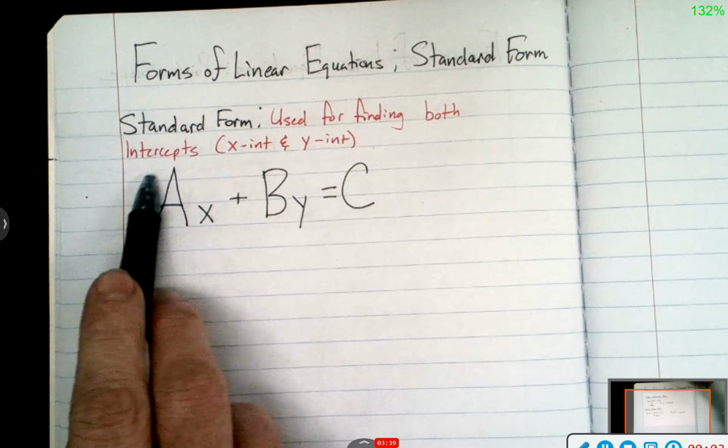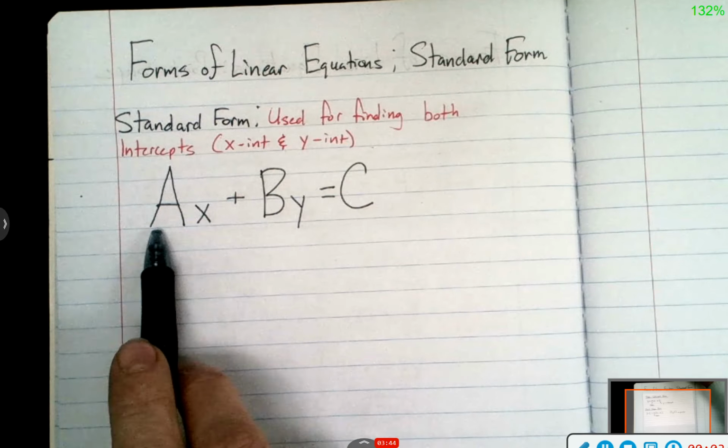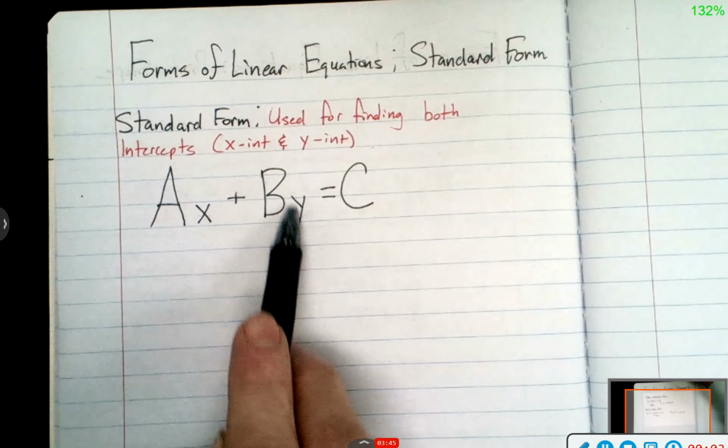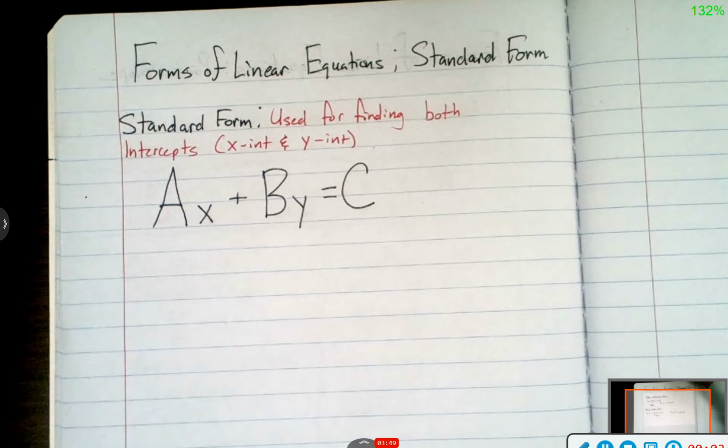It's just this time, instead of x being the only number that has a coefficient, our y is going to have a coefficient as well. It being set up this way makes finding the slope a lot more difficult in this form. Usually the best way to find the slope is going to be rewriting this equation. So we're going to have to do a lot of equation manipulation for this form to become useful.